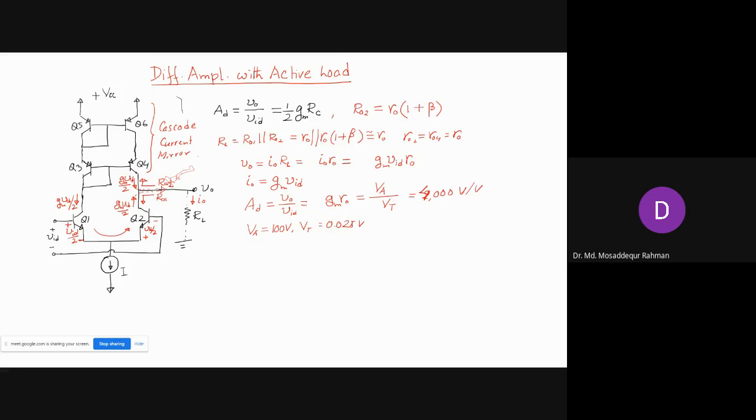If you can increase this output resistance further, then you can further increase the gain. There are multiple ways of increasing that. We can add emitter resistance, you can reduce the bias current, or you can use the cascode configuration for the differential amplifier.